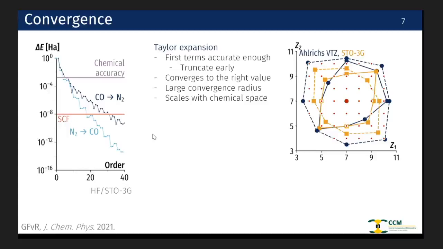Here's one example of how this converges. Let me focus on the left side here. This is actually the change that you will do today from nitrogen dimer N2 to carbon monoxide and the other way around. Why does it work? Well, both have 14 electrons. So I have 7 and 7, and now I can reduce one nuclear charge to carbon, 6, and increase the nuclear charge of the other to 8. And I can start from 6 and 8 and make them both 7.